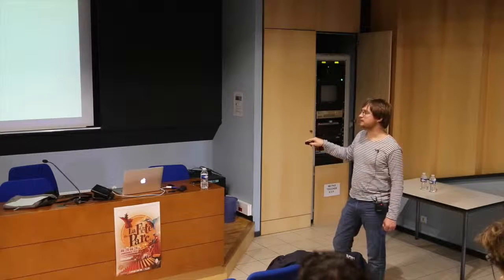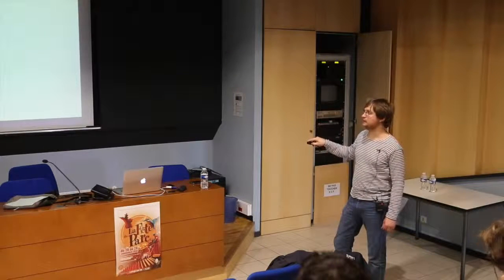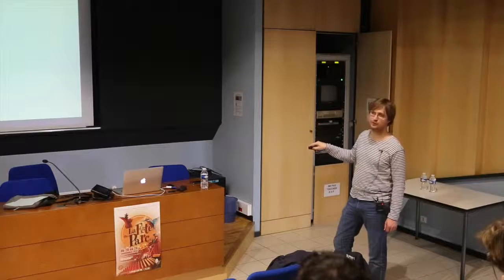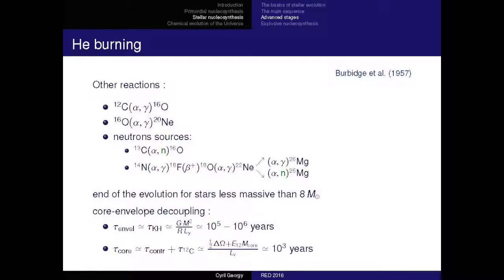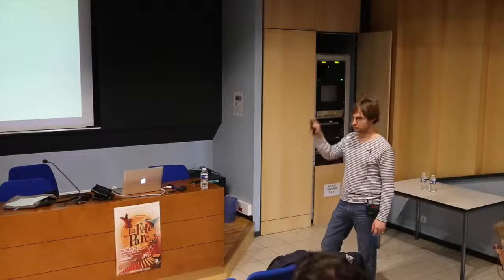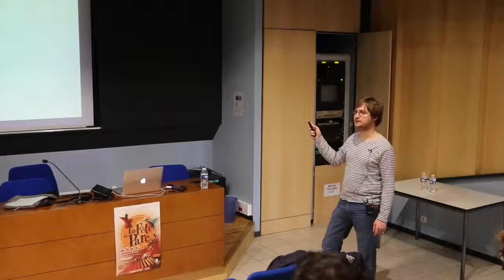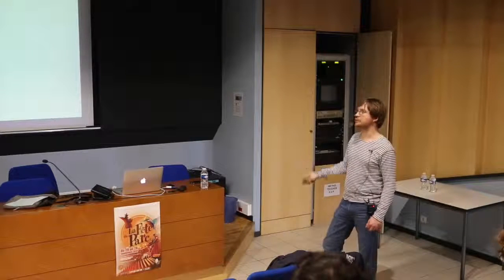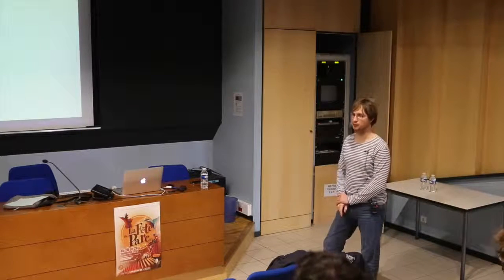It means that your envelope will not react fast enough to whatever happens in the core. So basically from this point, the surface of your star is no more affected by what happens in the central region. So from an observational point of view, your star will no more evolve. In the Hertzsprung-Russell diagram, for example, the temperature will remain constant. The surface temperature, the surface luminosity, and so on will remain constant from this point.